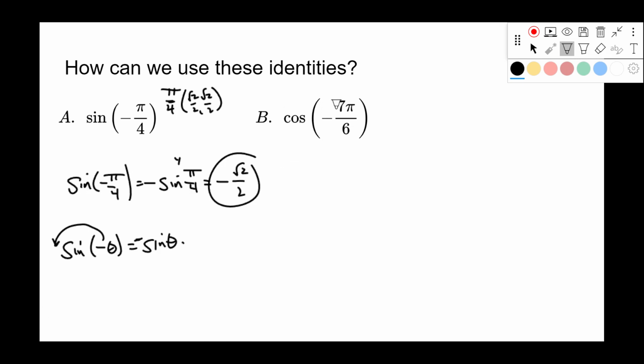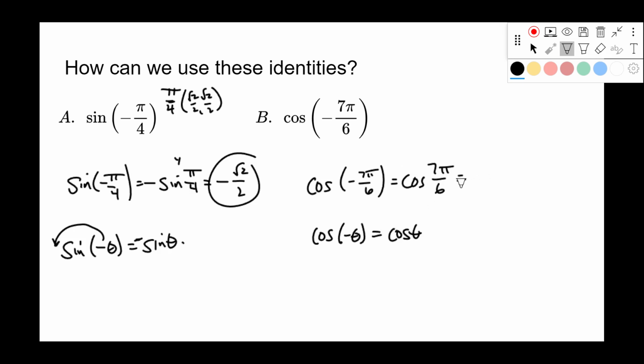Let's try cosine of negative 7 pi over 6. So cosine of negative 7 pi over 6. Well, the even odd property says cosine of negative theta is equal to cosine theta, which means the negative you can literally just drop off. So instead of doing cosine negative 7 pi over 6, I could just do cosine 7 pi over 6, which is on my unit circle. Cosine's the x-coordinate. You can do this with, like I said, reference angles, however you want to do it. Multiply by 6.